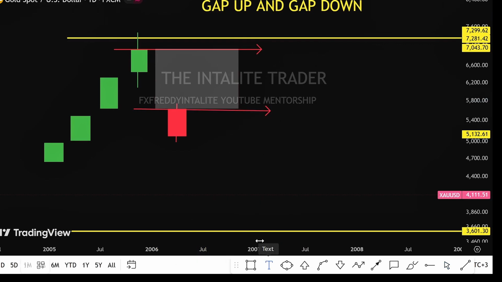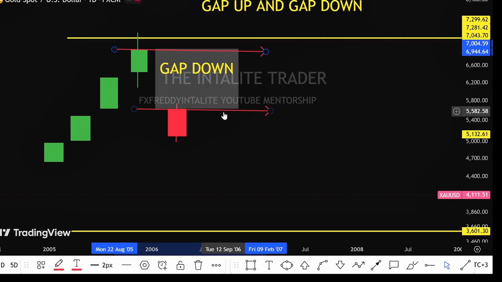So you have a gap down candle. This is a gap down. This one we call a gap down.